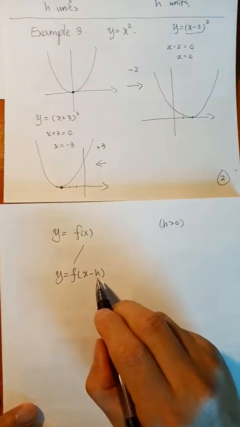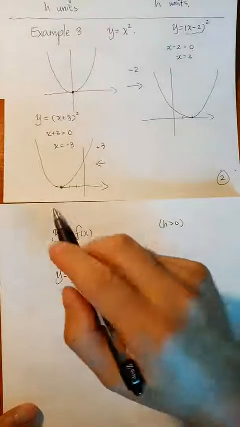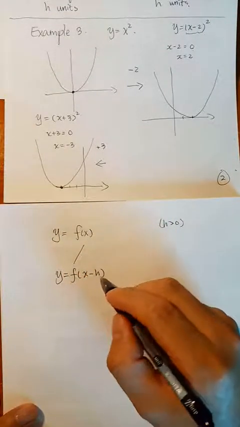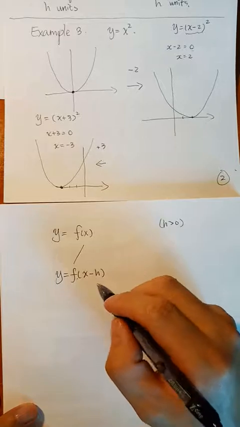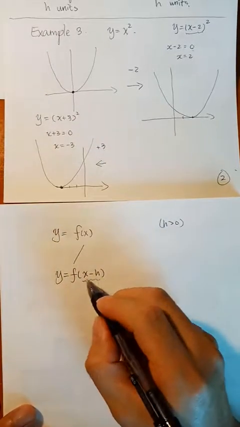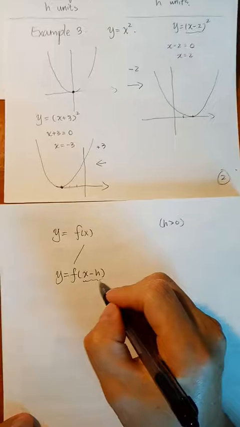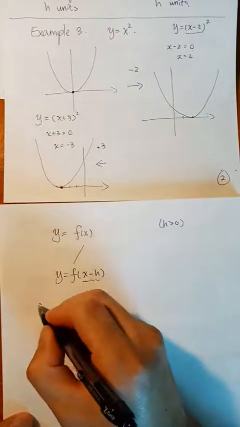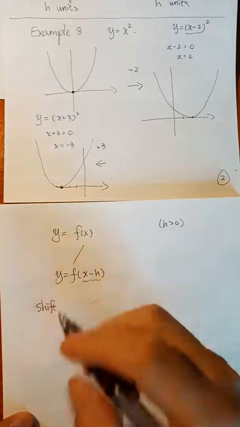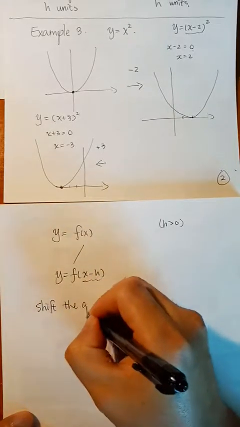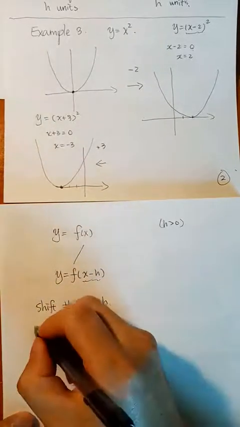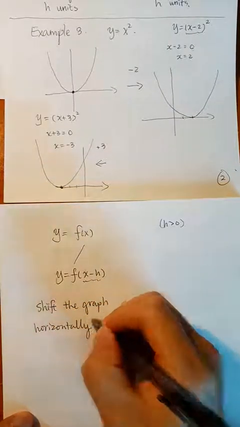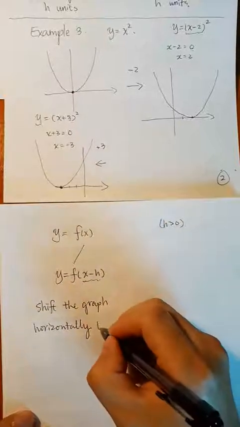It is x directly minus h, f of x minus h, not f(x) minus h. Okay, so be careful. When you have x minus h, let's check. You're going to shift the graph horizontally to the right.